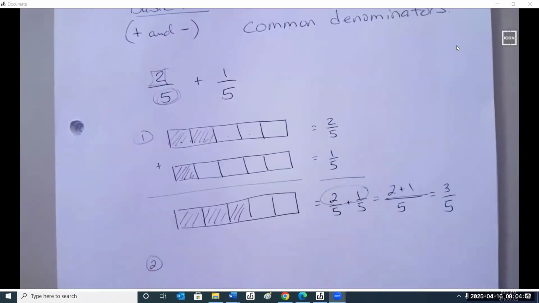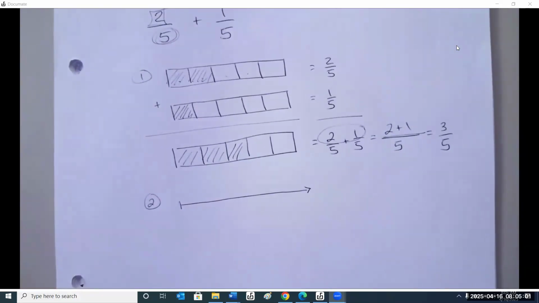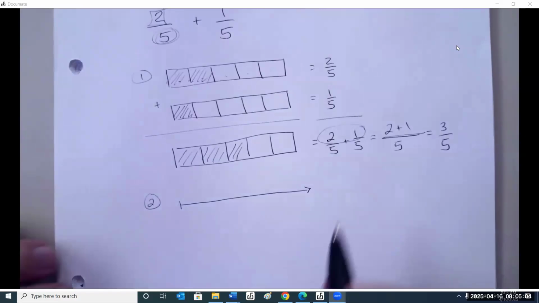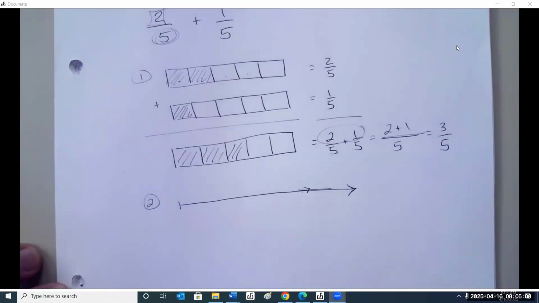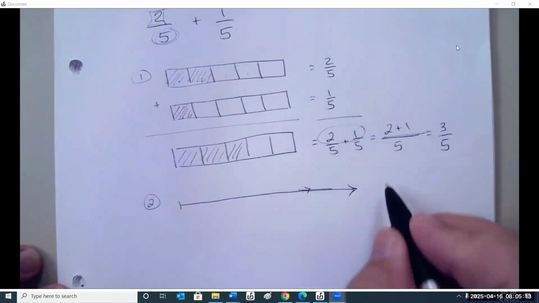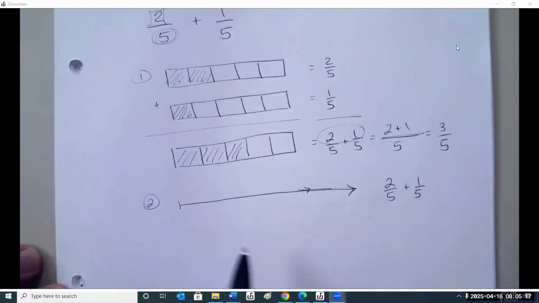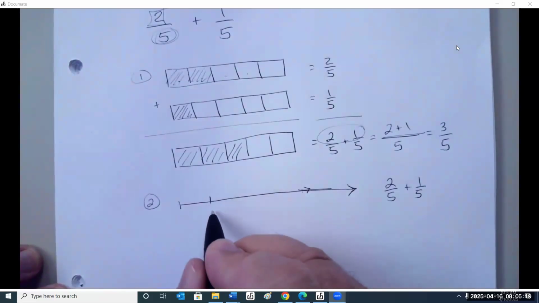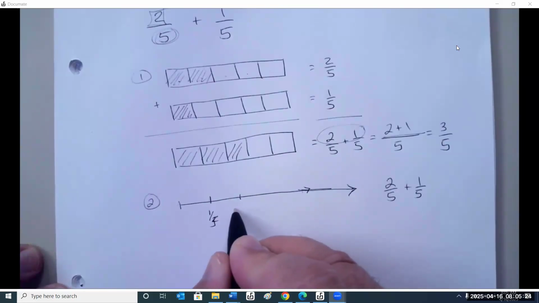How about number lines? How do we do number lines? Well, since we're doing 2/5 plus 1/5, we have to cut our number line down into fifths.